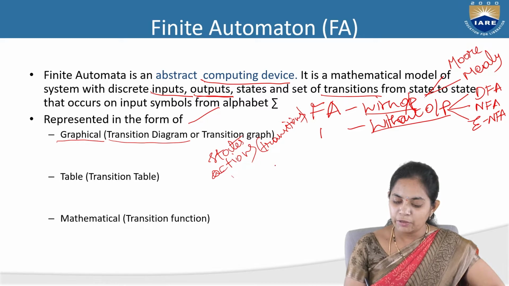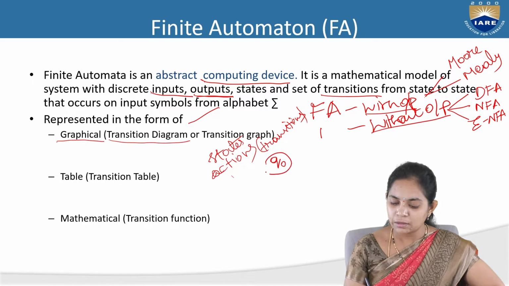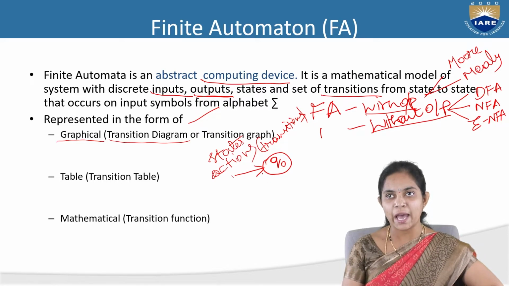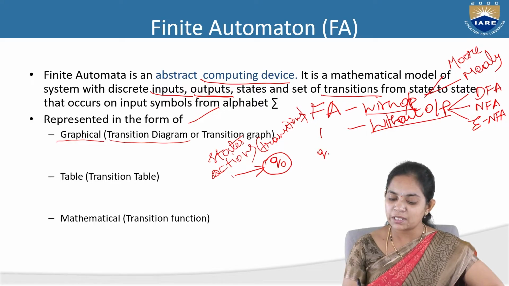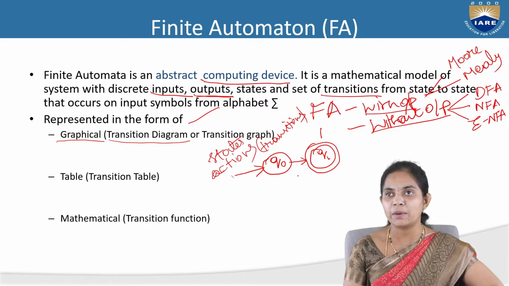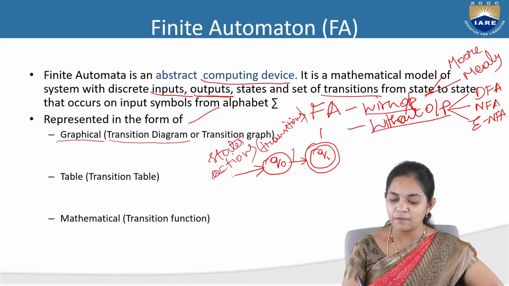Here, if you take this state, we have to represent the initial state with an arrow mark, and we have to represent the final state with a double circle. And one more thing, the arrow mark represents the transition function.